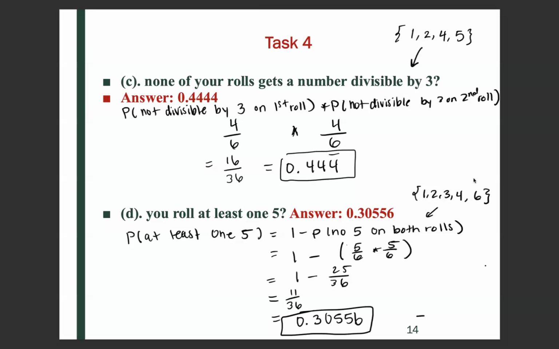If we are not rolling a 5, we can roll any of these numbers, a total of 5 numbers. So that's 5 divided by 6 for the first roll times 5 divided by 6 for the second roll, and we can multiply these because of independence. And so we have 1 minus 25 over 36, which gives us 0.30556.